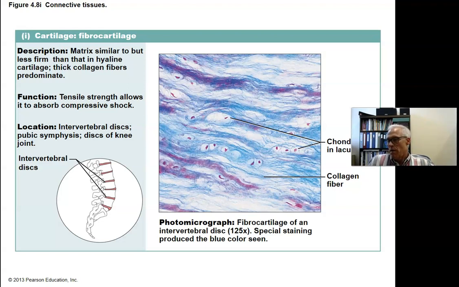At the lateral upper part of your hips, you can feel 2 points where the iliac bones come to the surface, and then you can feel below that where the two pubic bones arc towards the front of your body and meet at a joint formed of fibrocartilage, the so-called pubic symphysis. Sounds like you're speaking with a lisp. Symphysis with a PH. So it's just a type of joint formed of fibrocartilage. It allows a small amount of movement between the bones, but it's not the kind of joint that we typically think of as a freely movable joint.